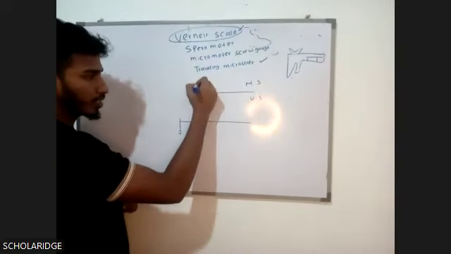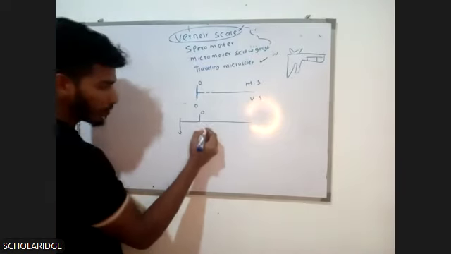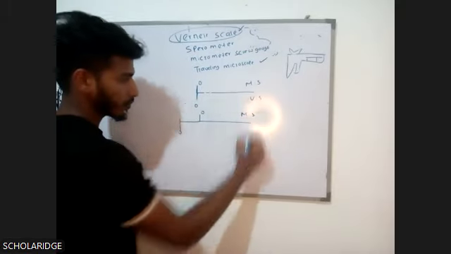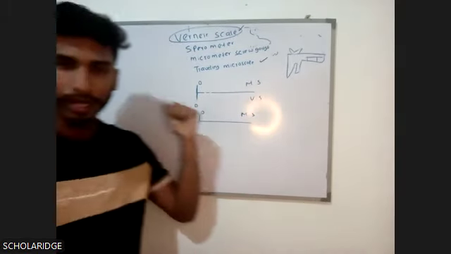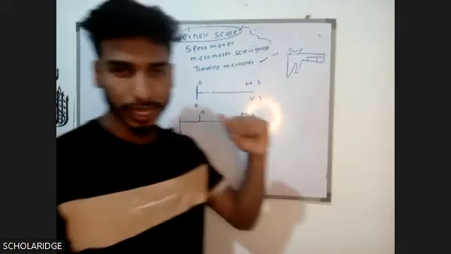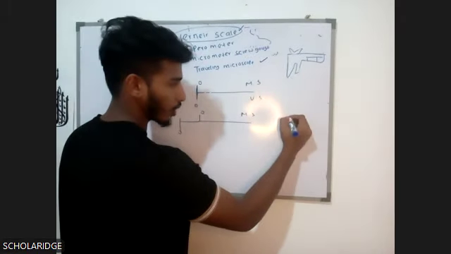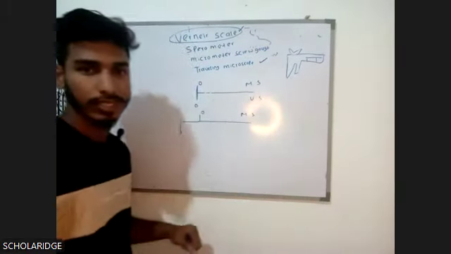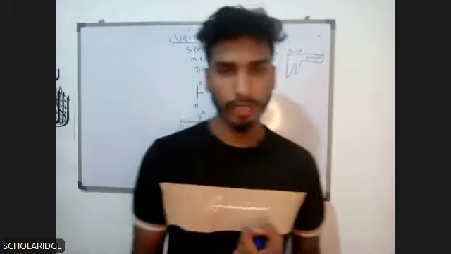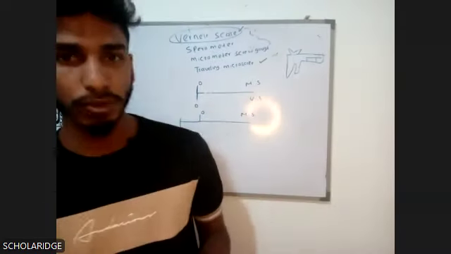So instead of coinciding with the 0 mark, the 0 mark in the vernier scale will be somewhat to the left of the main scale. These sorts of errors are known as zero errors. And there are two types of zero error: positive zero error and negative zero error.